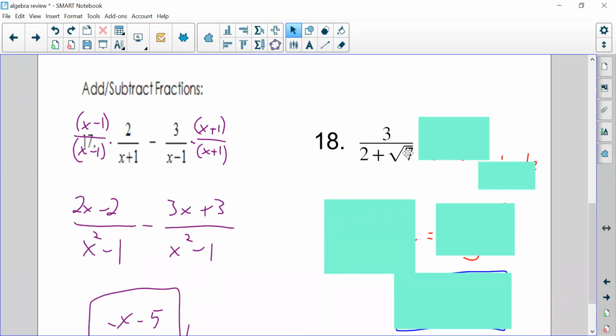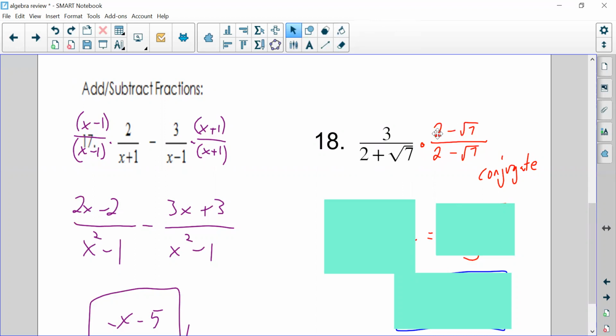18, how can I get rid of this irrational number that's in the denominator? You need something called the conjugate, which is an important math term, a binomial that has the opposite sign. So this is a binomial that has plus, its conjugate is a binomial that has minus.